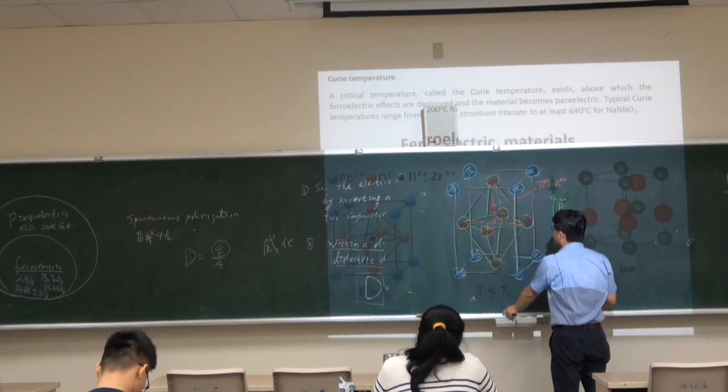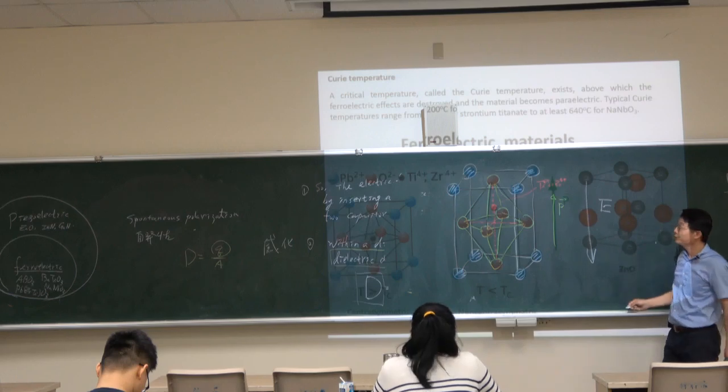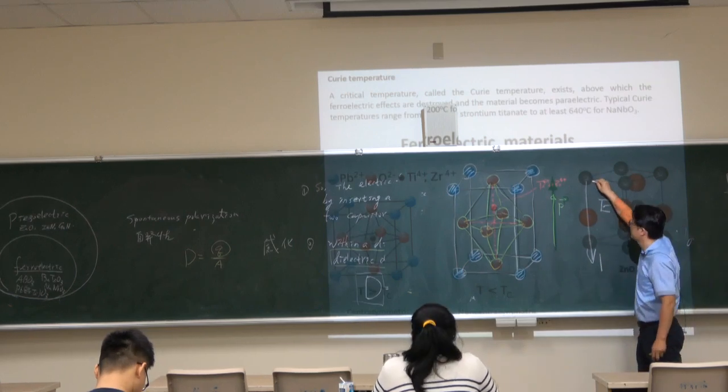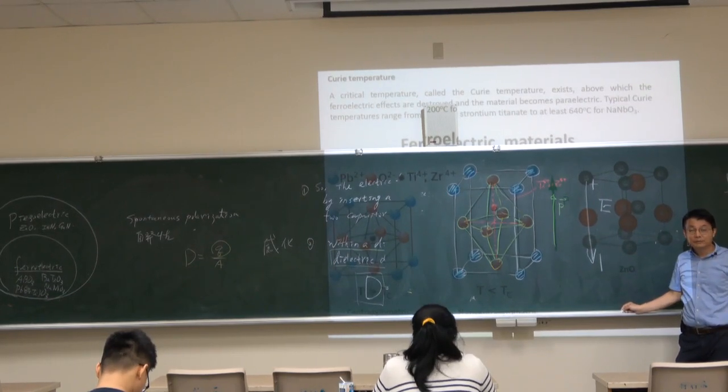If I apply an external electrical field to this direction, so what about the unit cell? Polarization, will that be changed?